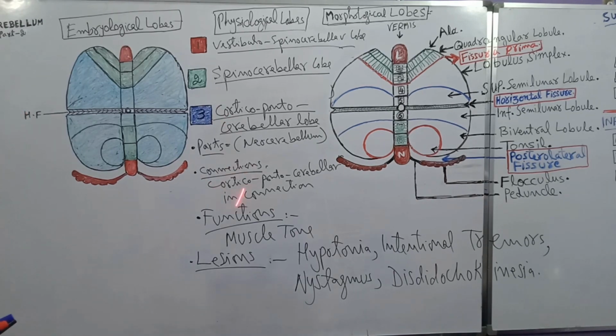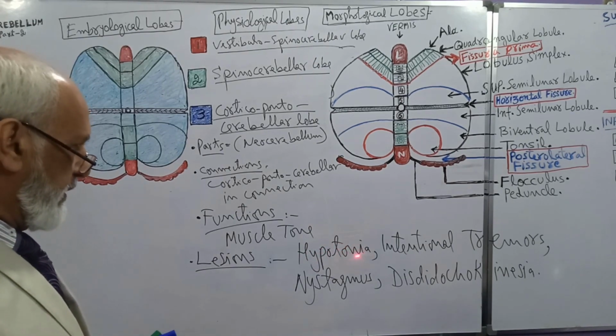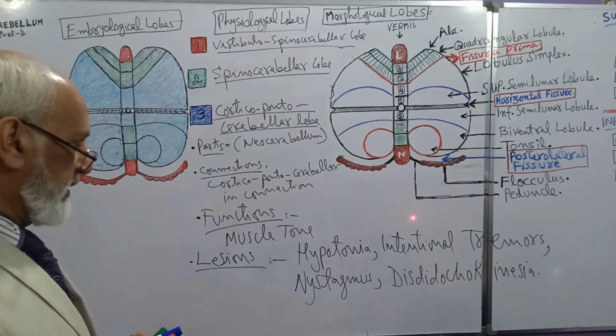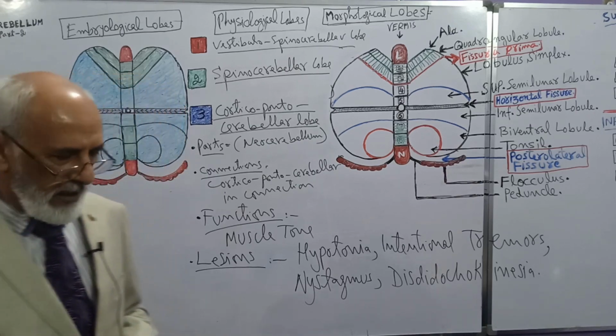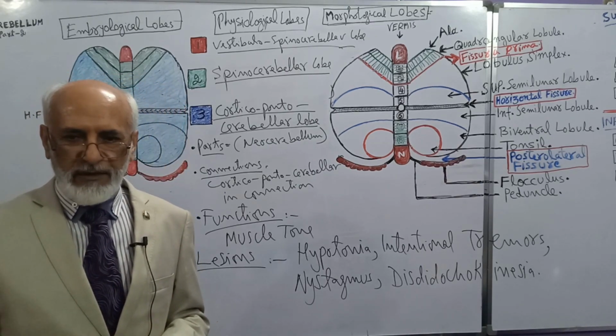And when this lobe or its connections are damaged, what will happen? There will be loss of muscle tone, a reduction in muscle tone or complete loss of muscle tone. Then intentional tremors. Intentional tremors are those tremors that start when a person is performing some activity.